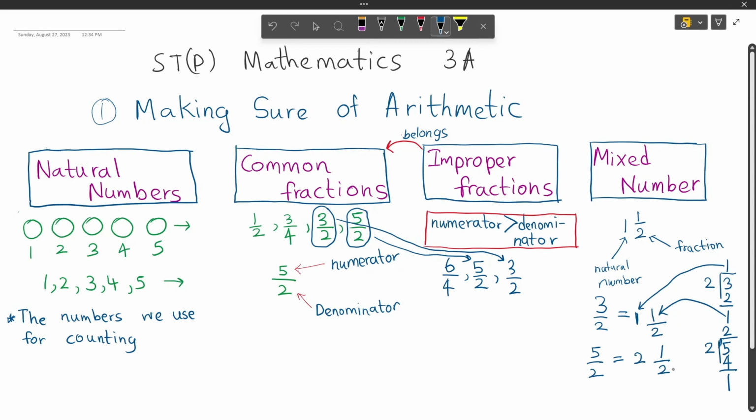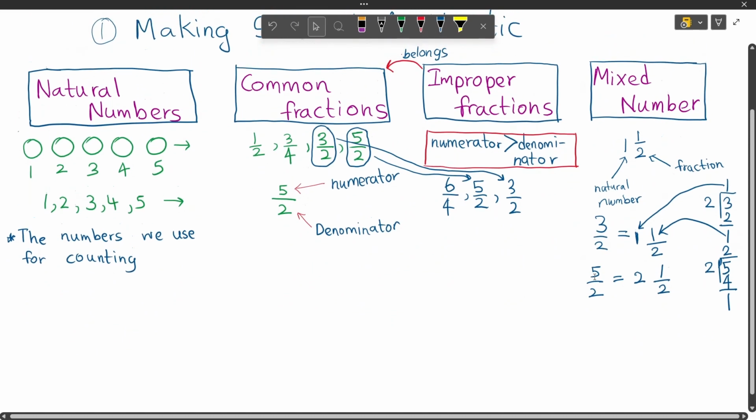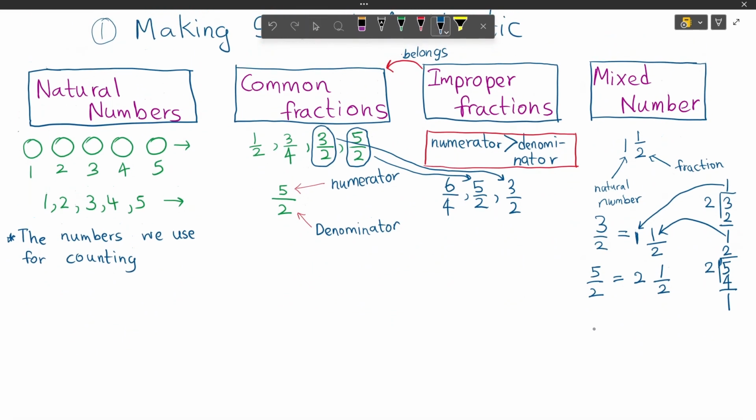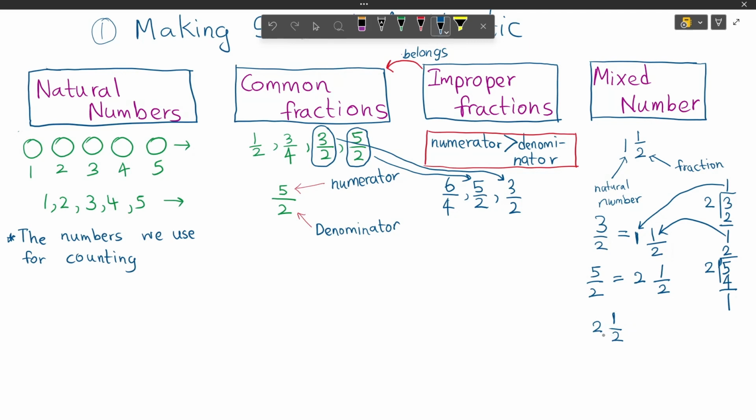We can then convert it back also. We can convert 2 and a half back into an improper fraction. We have to do a simple thing. We have to multiply this 2 and this 2 first. 2 times 2 is 4. Then we have to add this 1 to that.